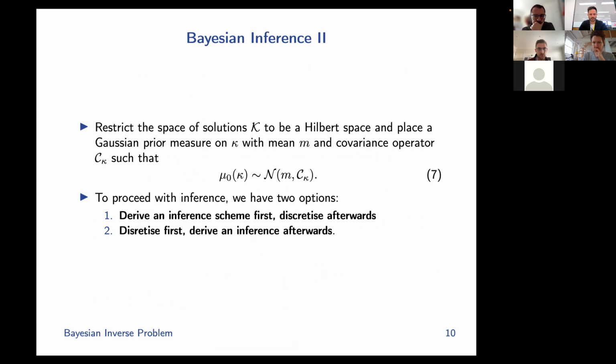In terms of the prior, restricting the solution space for the parameter, we restrict the space of solutions to be a Hilbert space, and we place a Gaussian prior measure on κ with mean m and covariance operator C_κ, such that μ_0 follows a Gaussian measure.